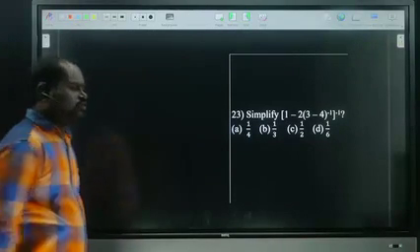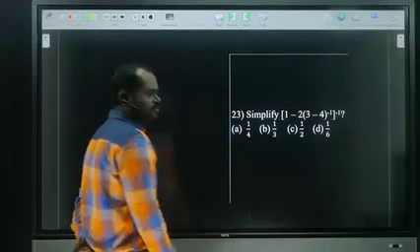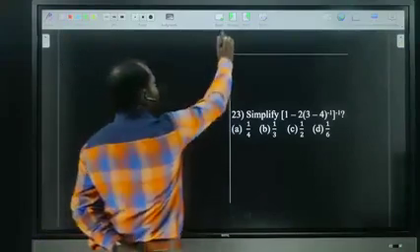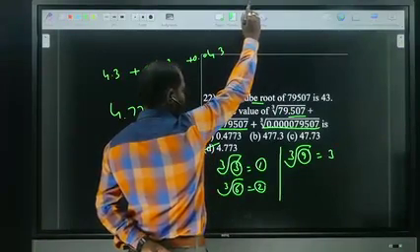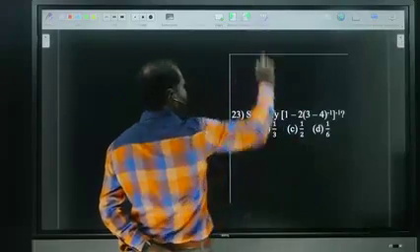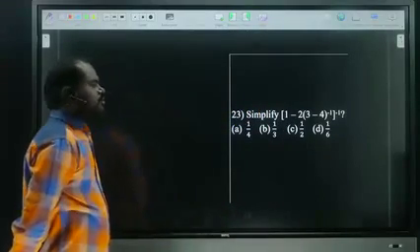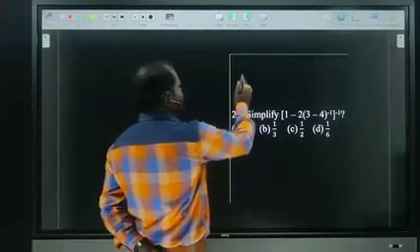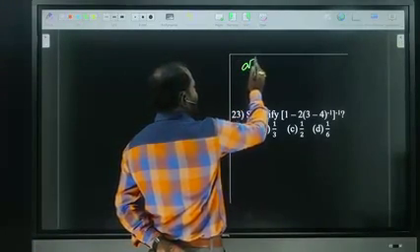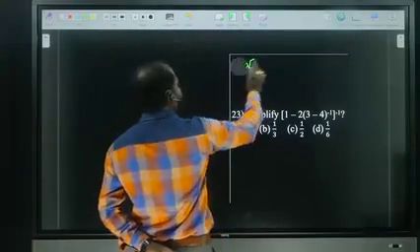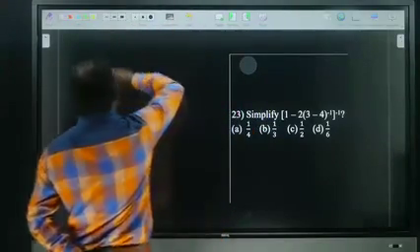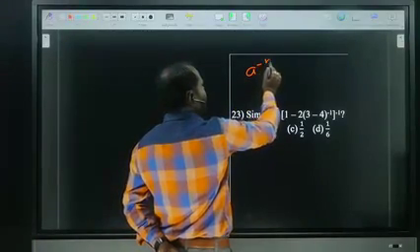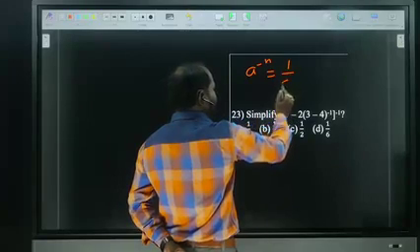So in school maths we learn, for this, in the basic property, a power minus n, how can we write, 1 by a power n.